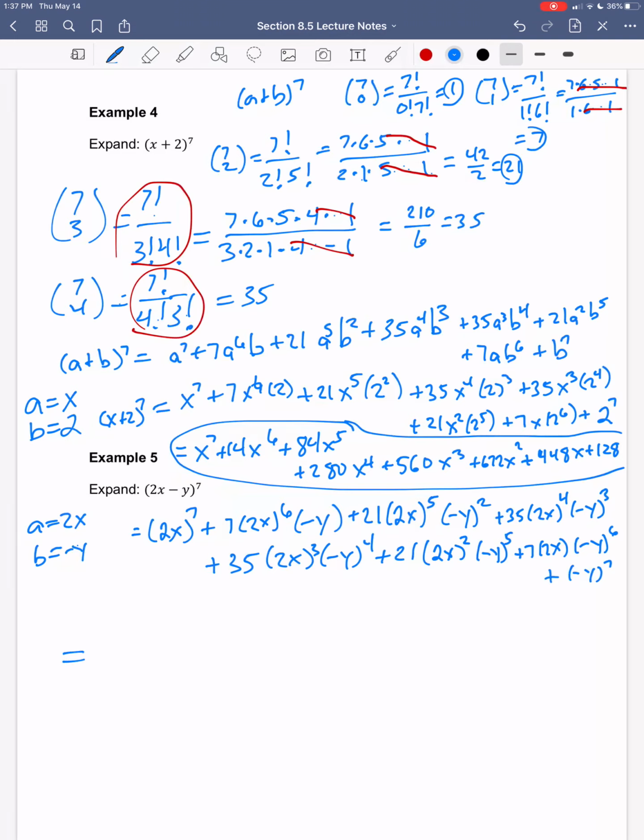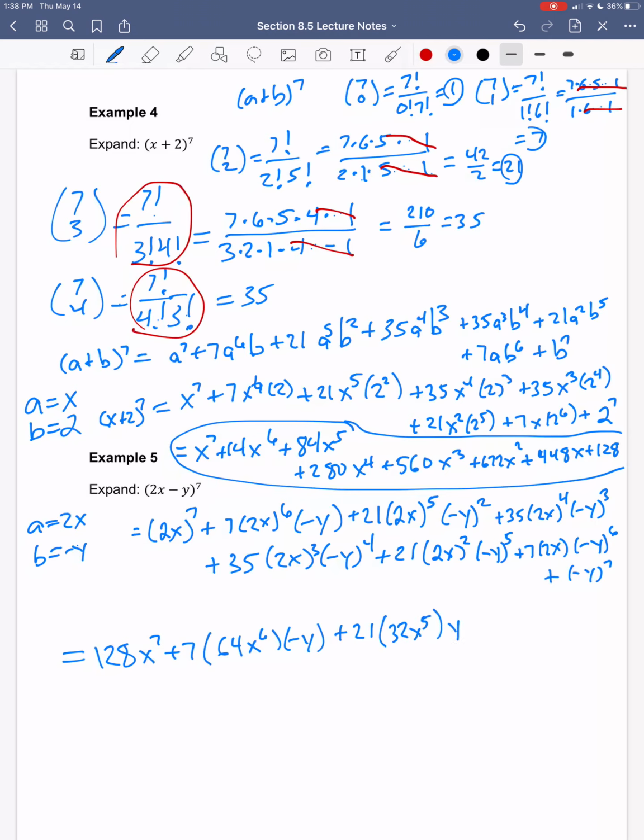So 2 to the 7th is 128, x to the 7th, plus 7, 2 to the 6th, 64. We get x to the 6th, and we still have a negative y. Plus 21, we get 32 x to the 5th.